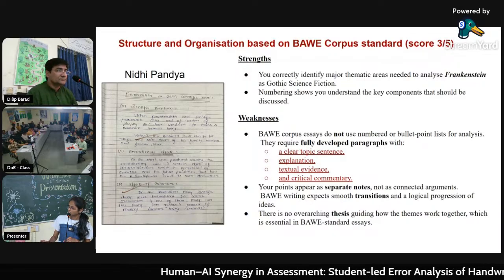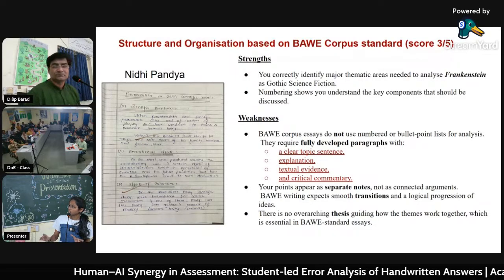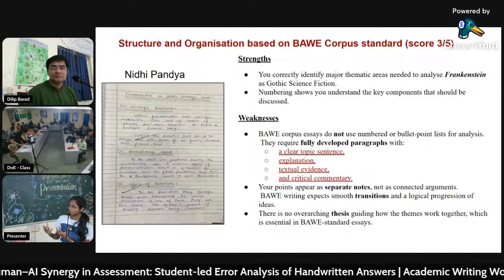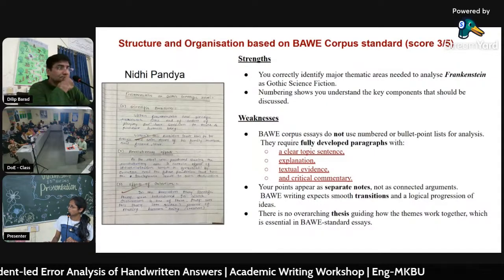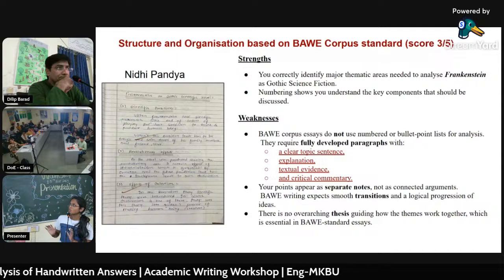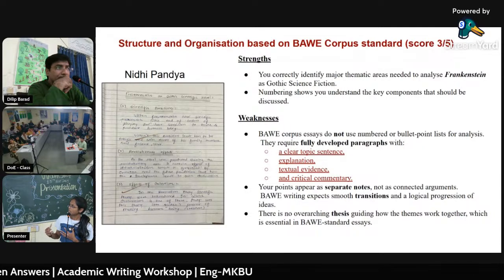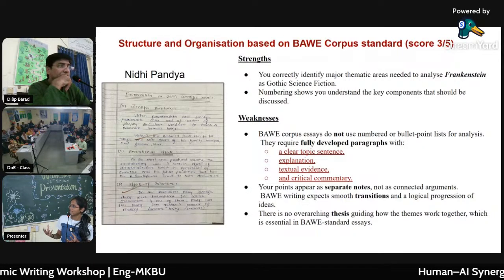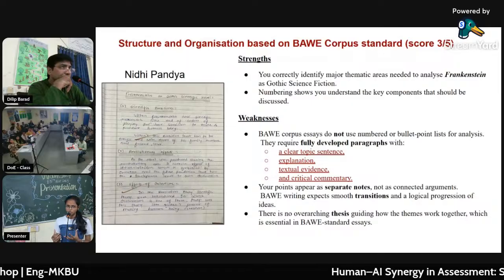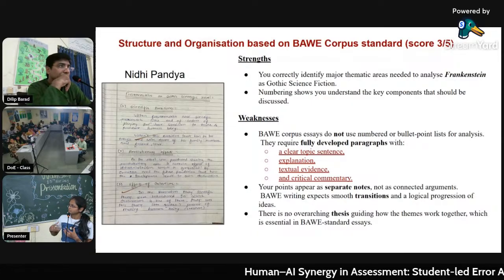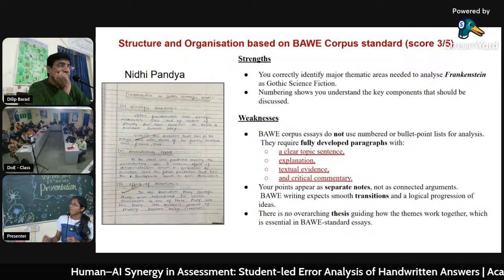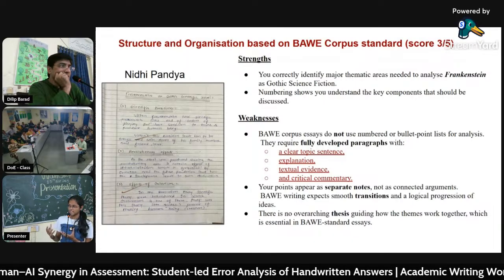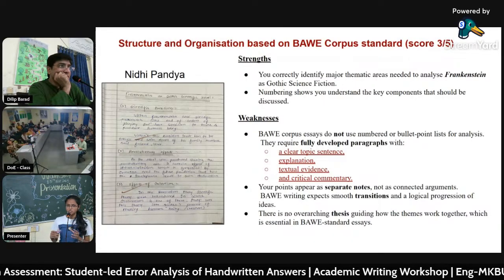It also shows my weaknesses: I didn't properly examine the analysis of the BAWE corpus, which says not to use numbered or bullet-point lists of analysis. They require fully developed paragraphs with contextual evidence and critical commentary, which is the most important, and a clear topic sentence and explanation.